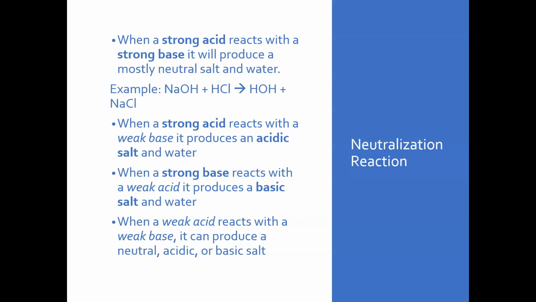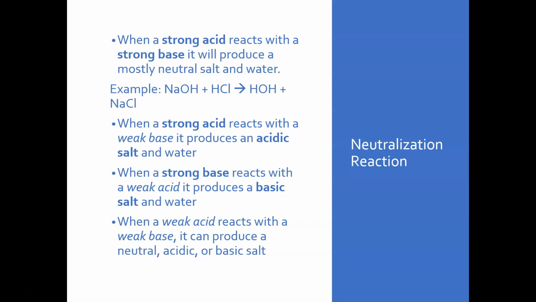So let's look at what that means. When a strong acid reacts with a strong base, it is going to produce a mostly neutral salt and water. So it's going to be pretty close to that 7. Example, sodium hydroxide, a strong base, plus hydrochloric acid, a strong acid, produces water and sodium chloride, salt and water. However, when a strong acid reacts with a weak base, it's going to produce an acidic salt and water, meaning that your ending solution might still be slightly acidic.